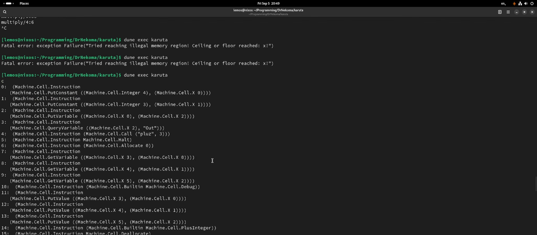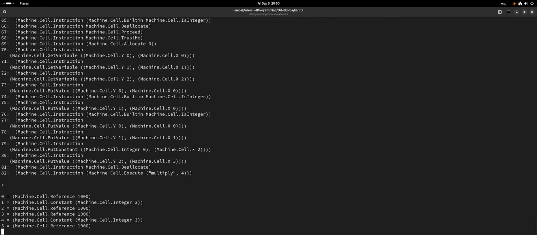What else do you want to see? X registers, maybe? Why do we have 3 integers in there? 0, 1, 2, 3, 4, 5. We should only have 3 registers set up.